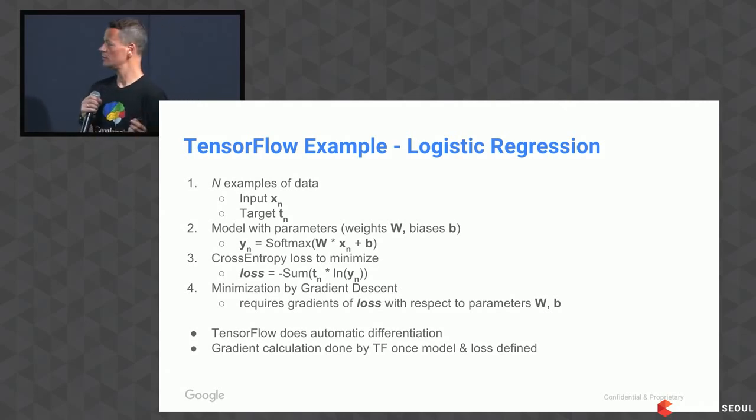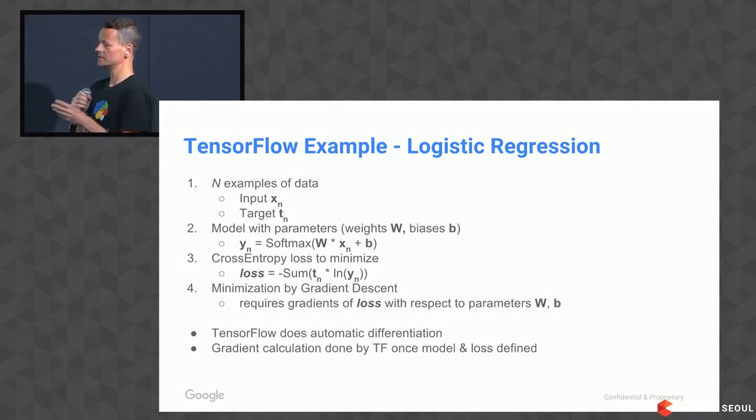You pick a model with parameters, and in our case, we call them weights and biases. And in this case, the model looks pretty simple. It's y equals softmax, which some of you may know, it's actually not so important what that is, of the weights times x plus a bias. So it's basically linear plus the softmax. And typically, people use cross-entropy loss to minimize this.